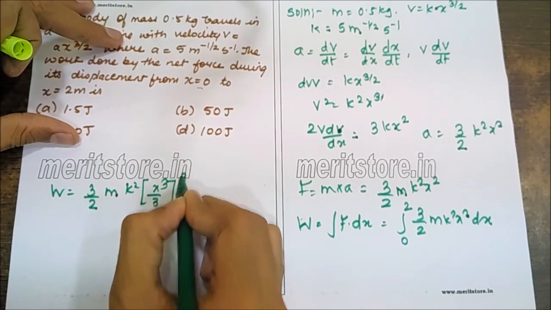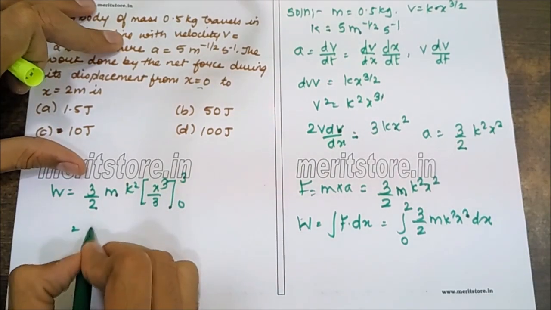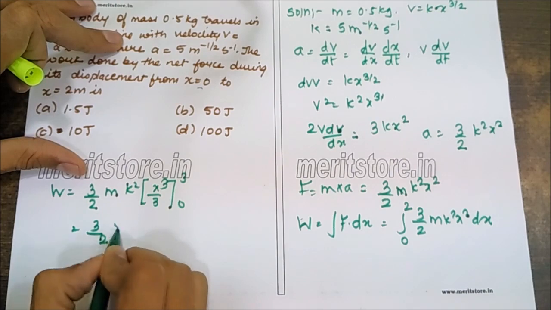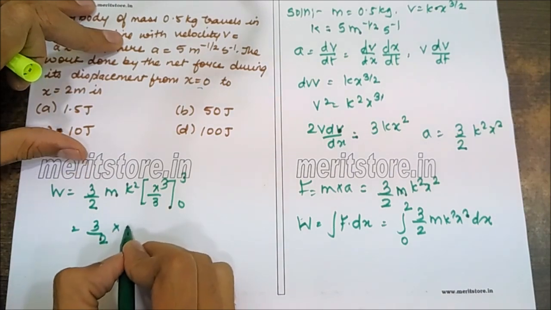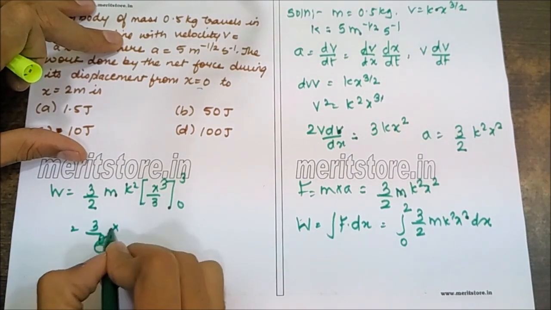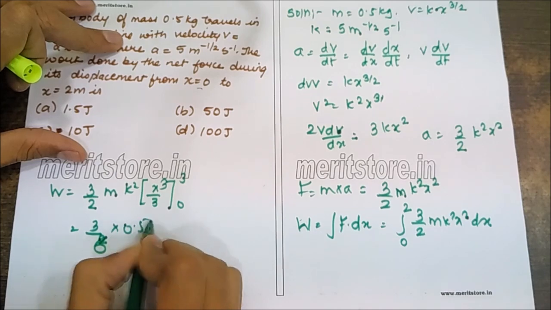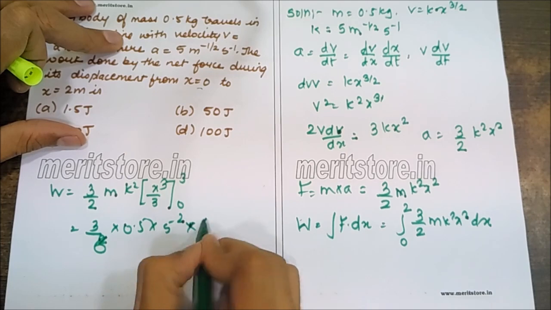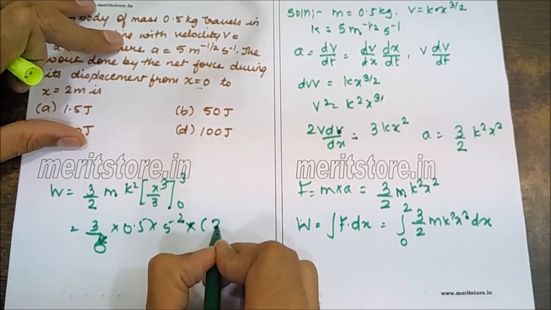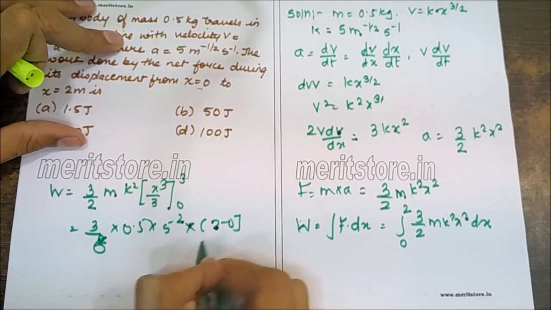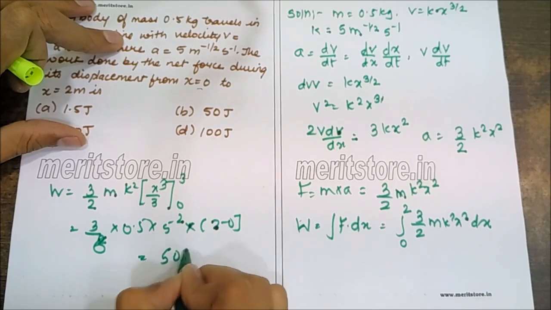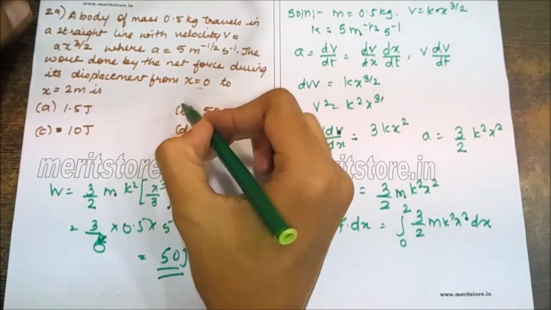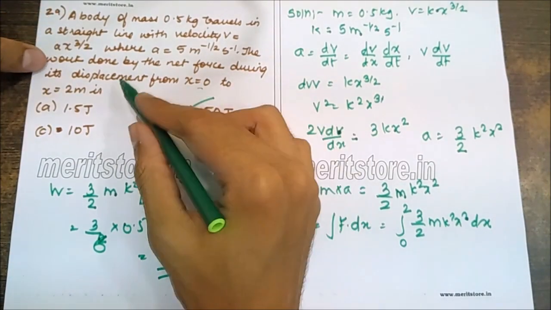Applying the limits 0 to 2, we get 3 by 6 multiplied by 0.5 multiplied by 5 square, multiplied by 2 cube minus 0, so that is equal to 50 joules. So 50 joules is the work done by the net force during its displacement.